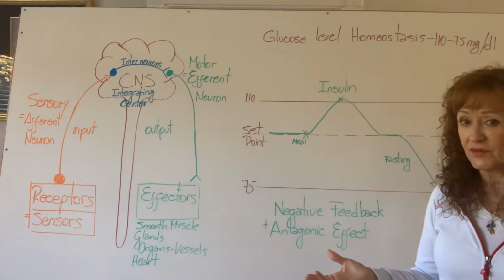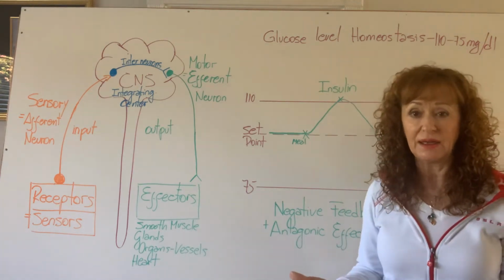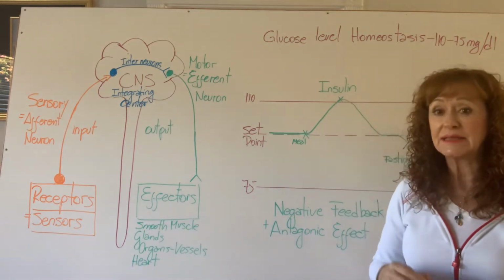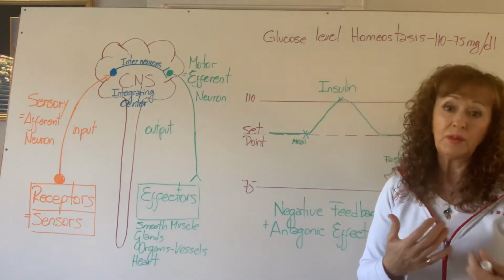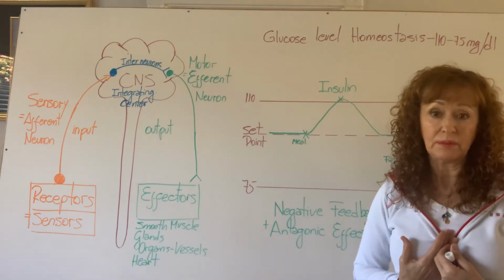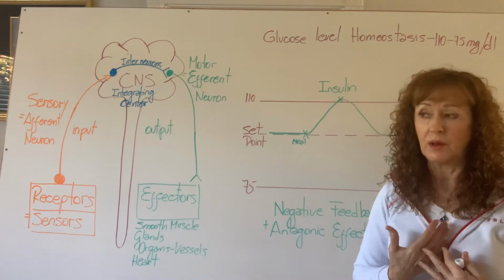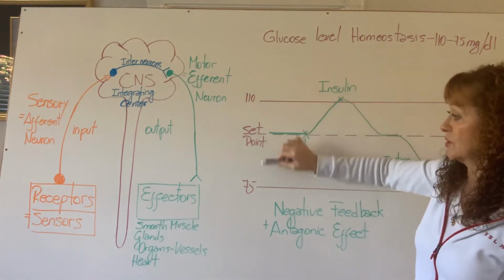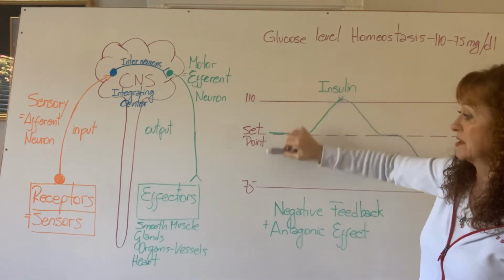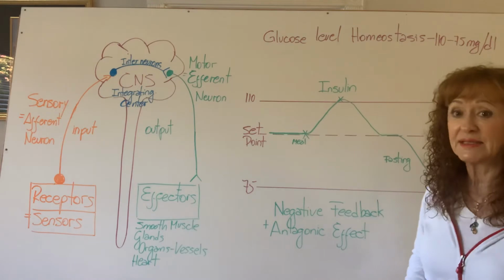We are different individuals, and the values can also be different. What is a normal set point for another patient could be totally abnormal for me. But in order to measure if my set point is normal or not, we need to refer to the normal range between 110 and 75 milligrams per deciliter. Now we have the set point.